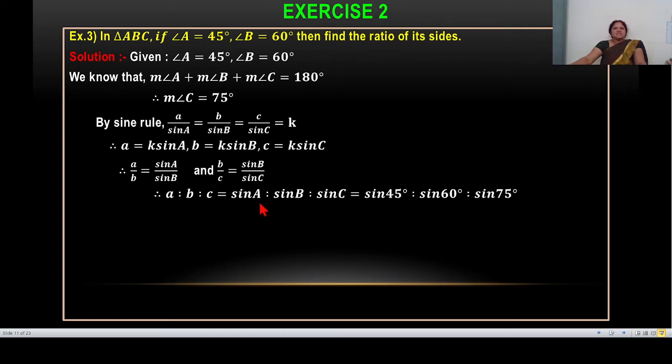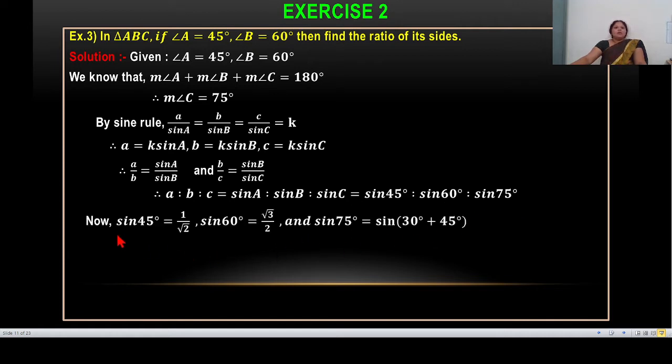Sin A is sin 45 degree. Measure of angle B is 60 degree. Therefore, sin 60 degree as to sin 75 degree. We know that sin 45 degree is 1 upon root 2 and sin 60 degree is root 3 upon 2. And sin 75 degree: 75 degree means 30 degree plus 45 degree.